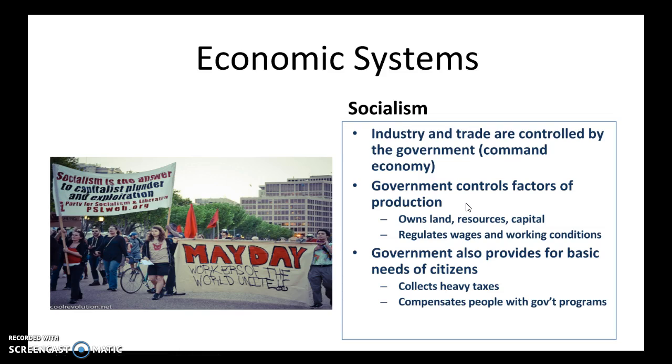And of course, if they have control over producing things, they can make money. And what they do with that money is provide for the basic needs of the citizens in that country. So if you live in a socialist society, chances are you're going to be heavily taxed, but the government is going to provide for a lot of your basic needs, things like health care, child care, college expenses, and things like that.